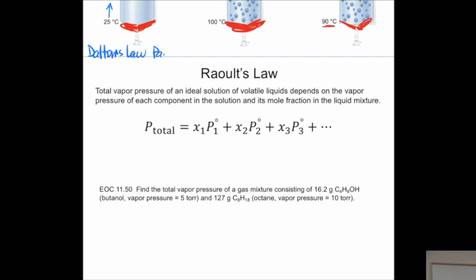Dalton's law of partial pressures simply tells us, based on kinetic molecular theory of how ideal gases behave, that their pressures are just additive. The total pressure just comes from the partial pressures of each individual gas in the mixture.